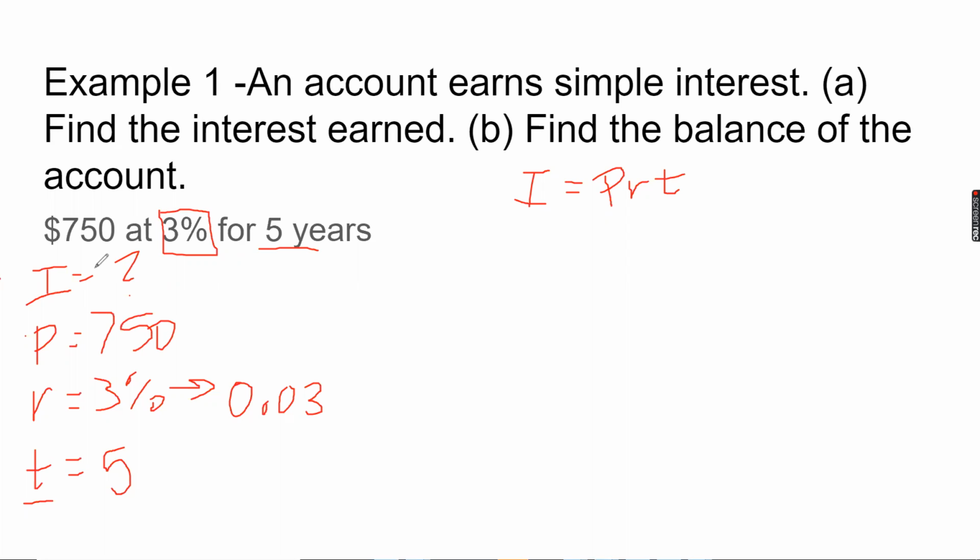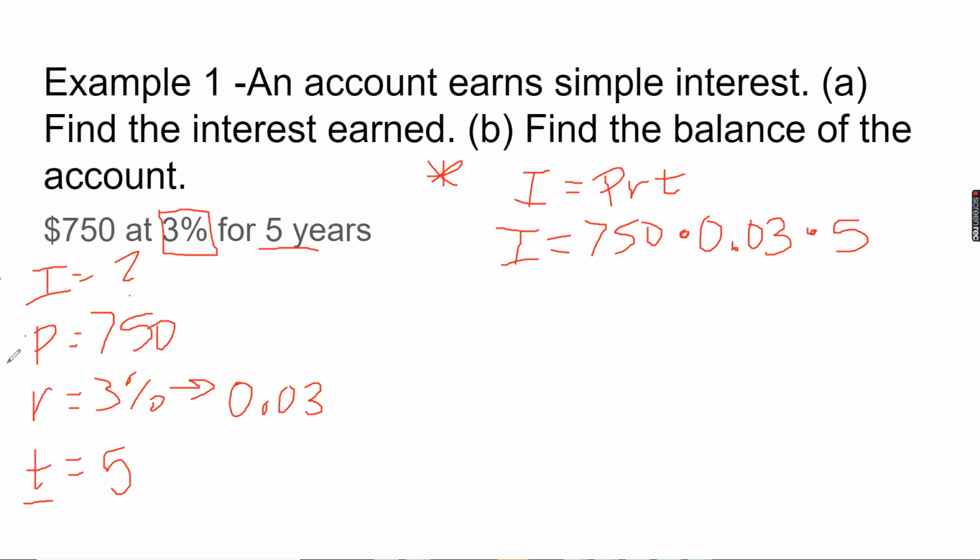So let's go ahead and plug it in, or substitute it into our formula up here. Like we said, we don't have what interest is, so let's leave that as I. Principal is 750. Our rate, so we're timesing that, rate is 0.03 multiplied by 5.